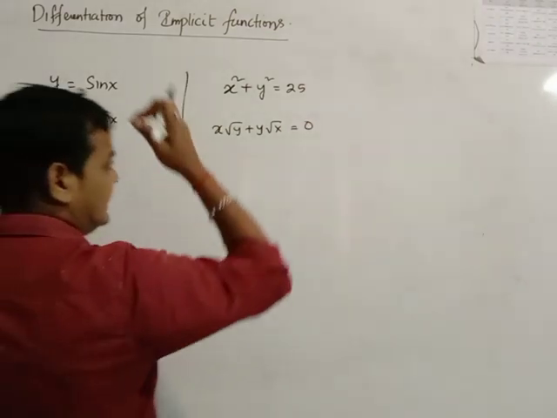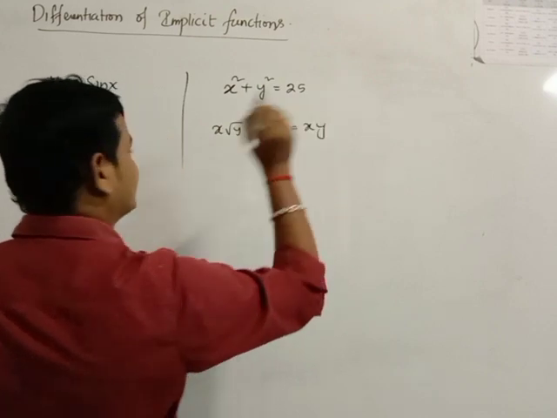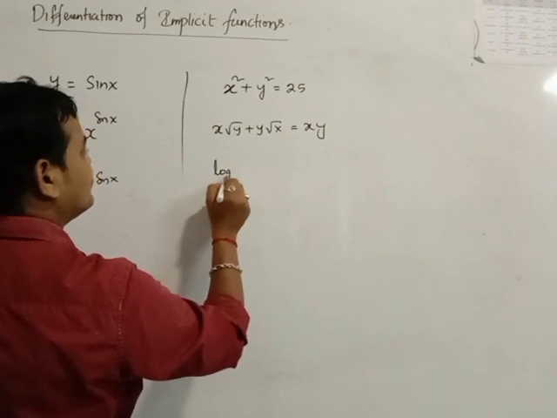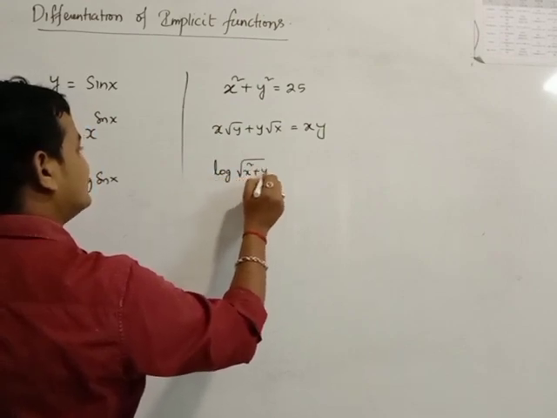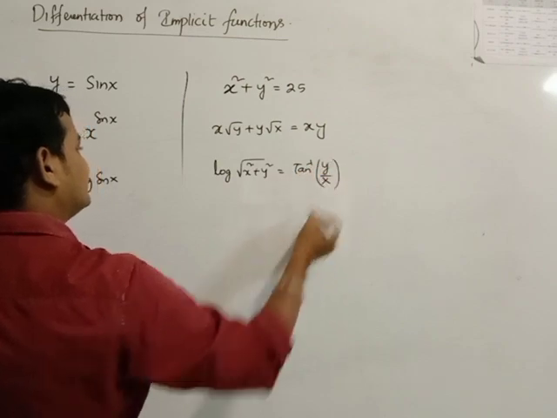Again, x into root y plus y into root x is equal to xy. Again, log of root over x square plus y square is equal to tan inverse of y by x.